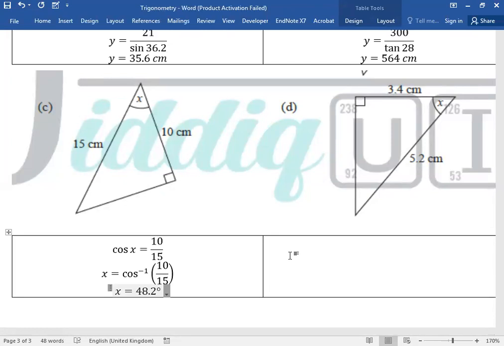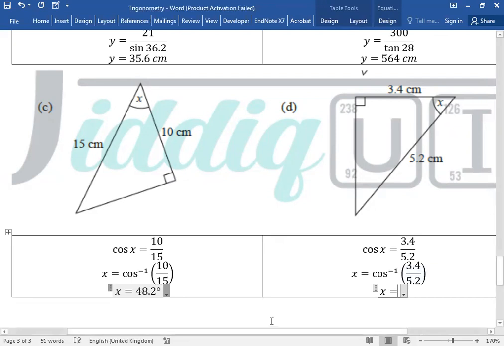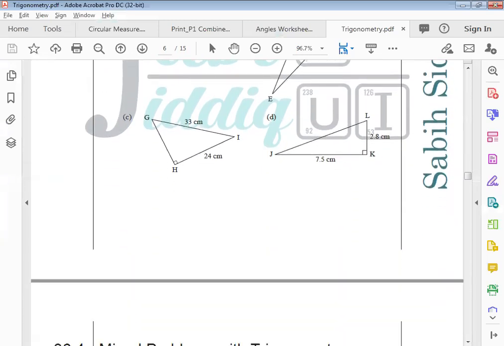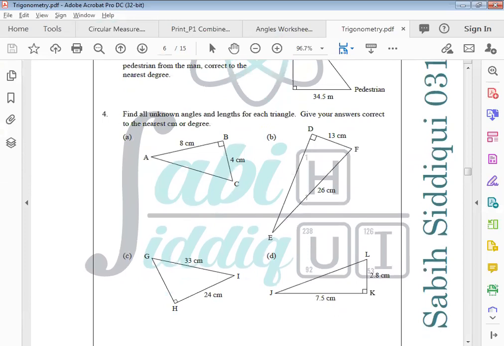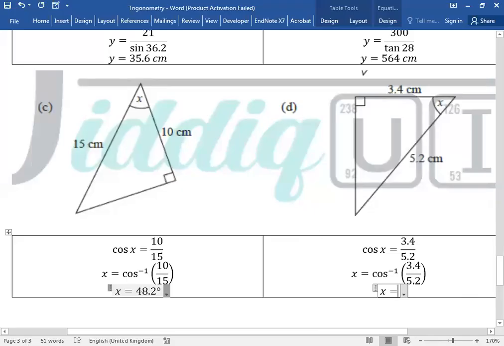To be sure of the value that you quote. What about this? Cos again. Cos x is adjacent 3.4 upon hypotenuse. So x is cos inverse of that. Remember the limitations that I've just told you. 49.2. Is this clear?